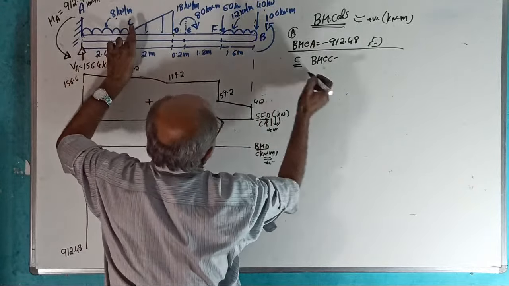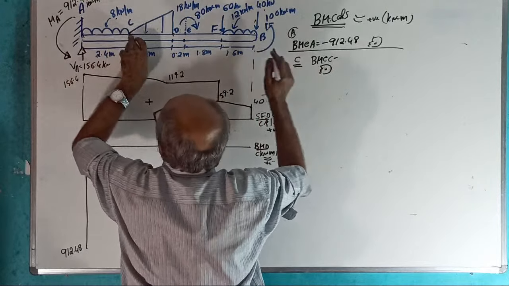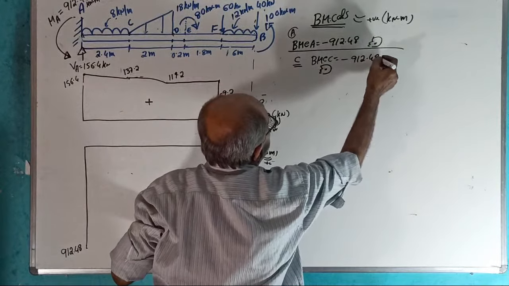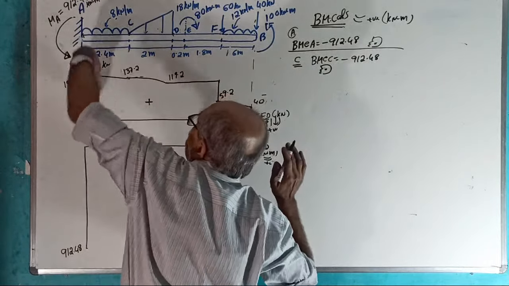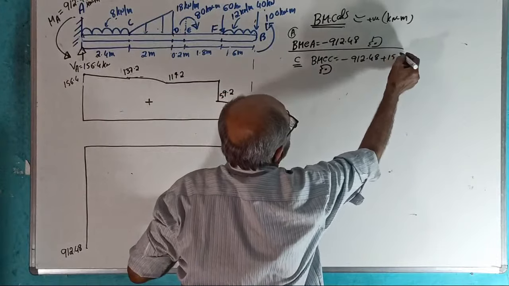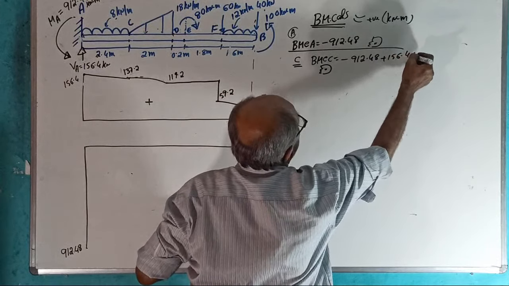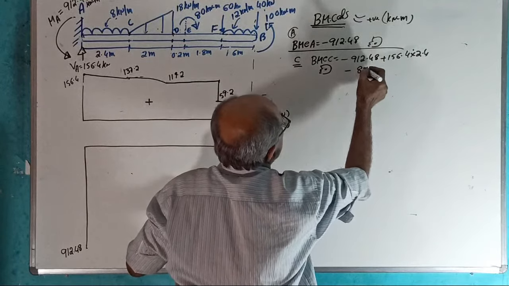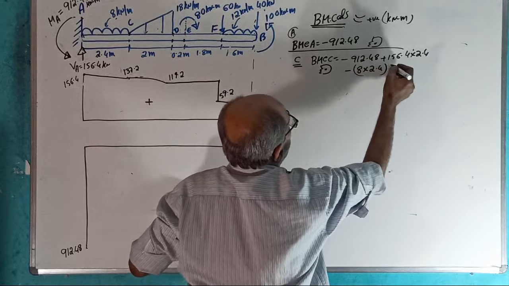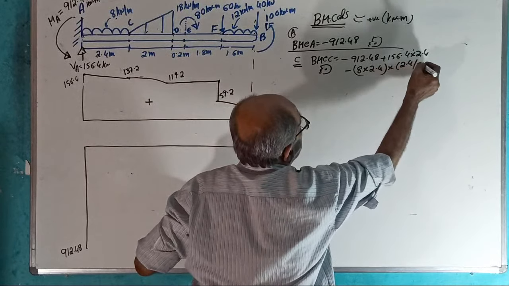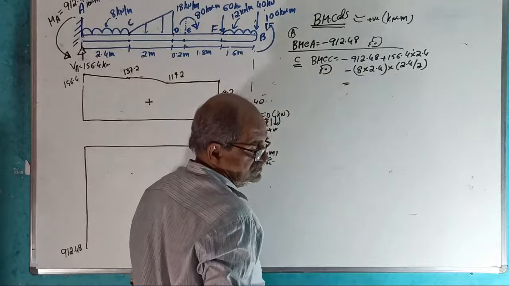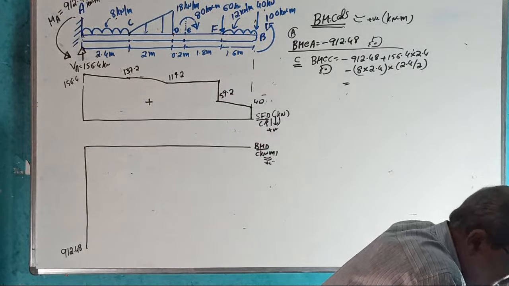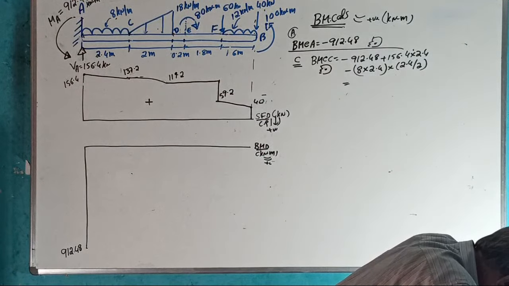Minus 912.48, no, into plus 156.4 into 2.4 minus 8 into 2.4 into 2.4 by 2. Answer fast. Give correct answer. Do not make any mistake. Minus 560.16.